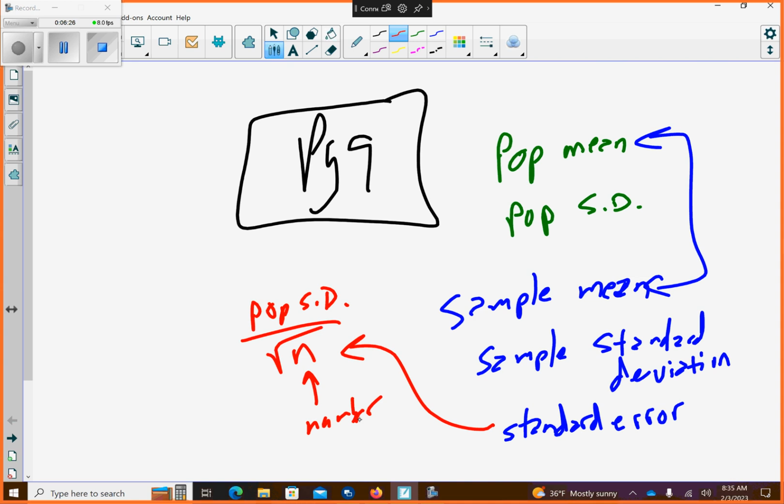So what basically happens is the standard deviation is kind of spread out. As I start increasing the size of n, my standard error, which is replacing my standard deviation, is going to approach closer and closer to what the mean would be. Does that make sense?